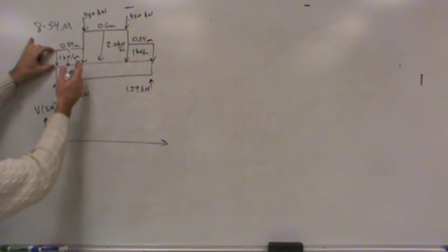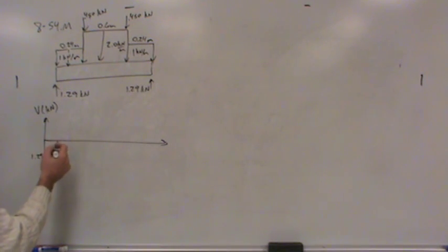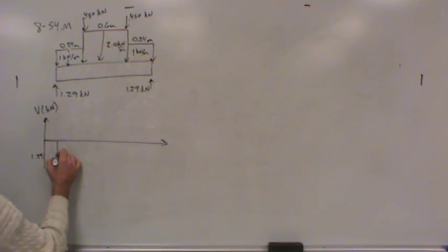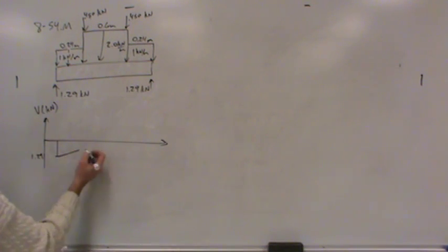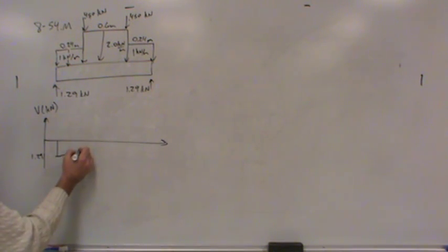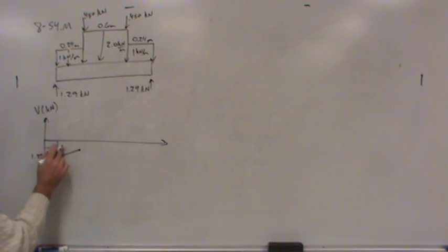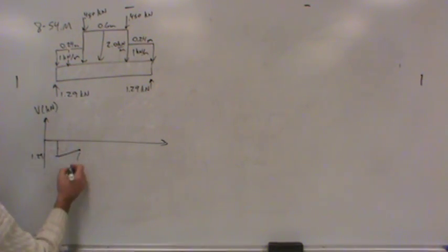So if we move over 0.24, we'll have to increase by 0.24 kilonewtons. Let me match that up. Let's put it over here because this is going to get messy otherwise.